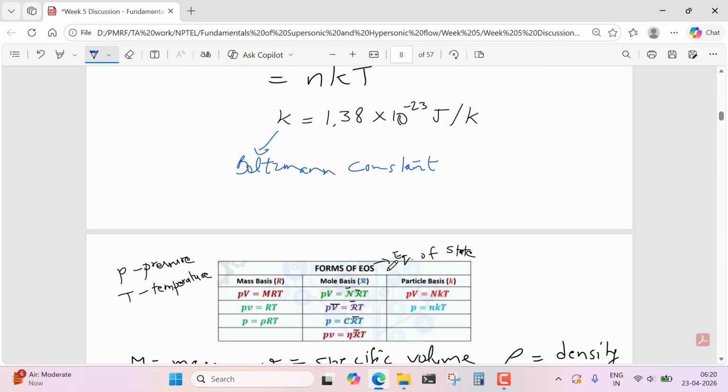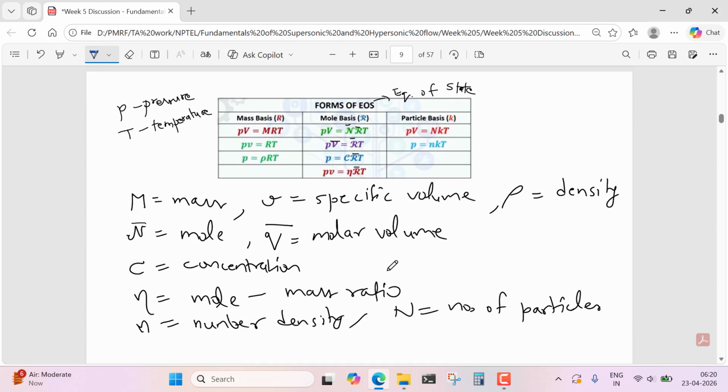So till now we have seen many different forms of the equation of state, and these are all written in tabular form. In some equations there is mass, in some there is number of particles, and in some there is mole.